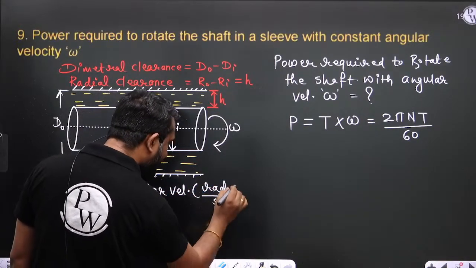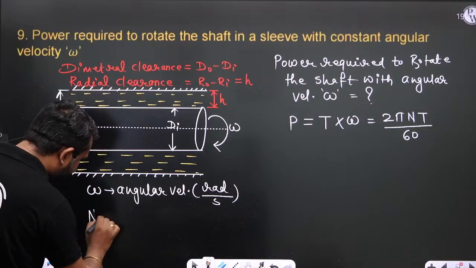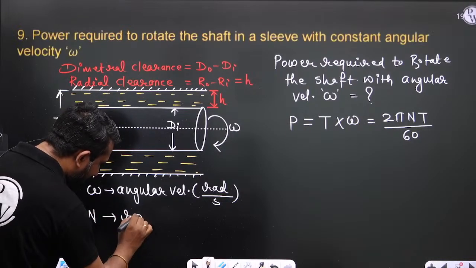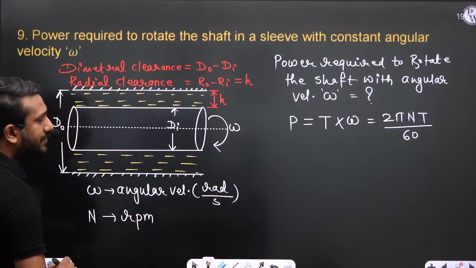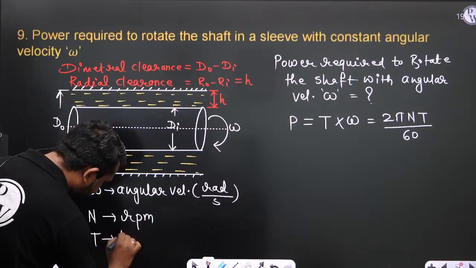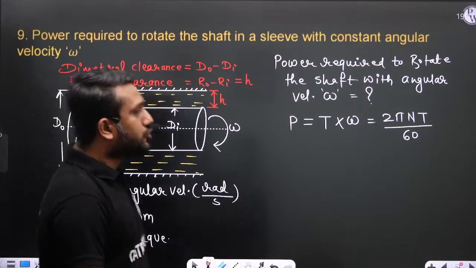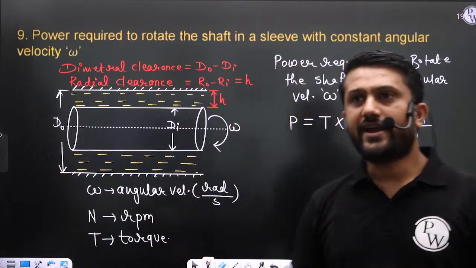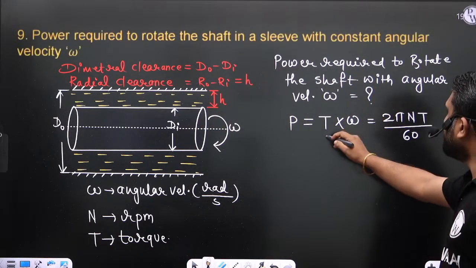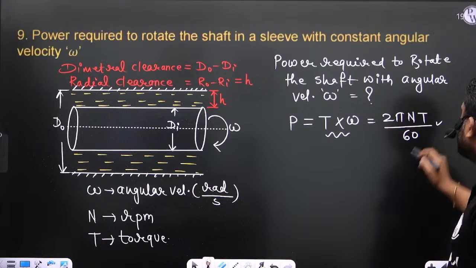N is the RPM, and T is the torque. So you can find out the power by using this mathematical expression.